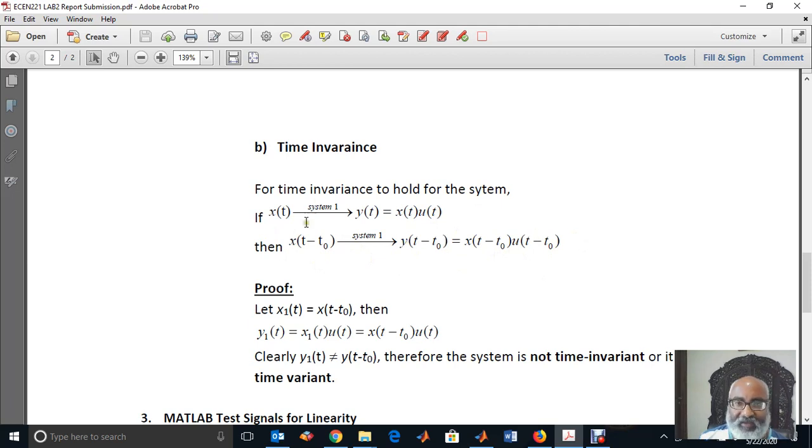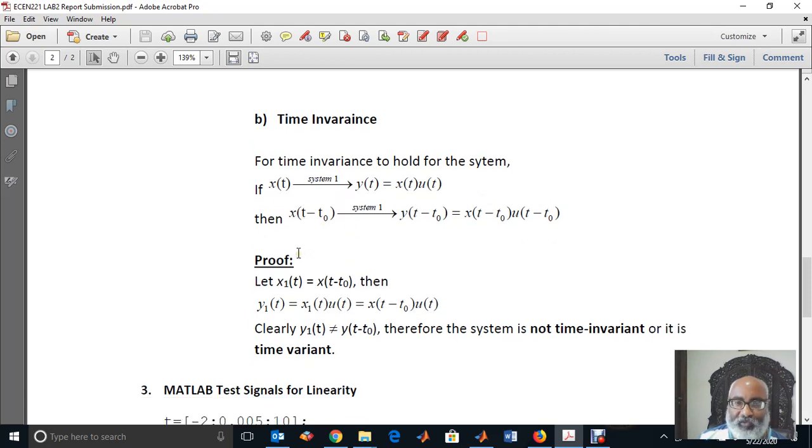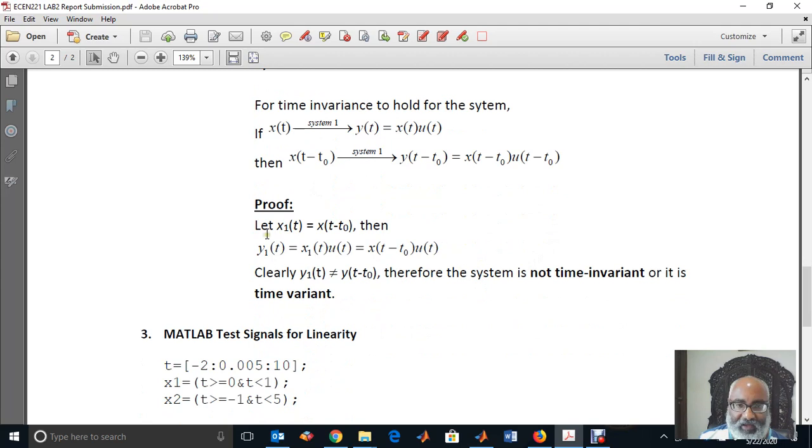That means when I pass the signal x of t through the system, I get y of t, and then I delay the output y of t. If I give an input x of t minus t naught, delaying the input first, I should get the same output. So let x1 of t be equal to x of t minus t naught.